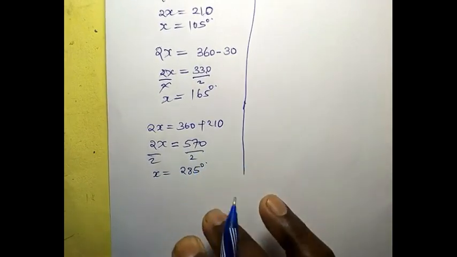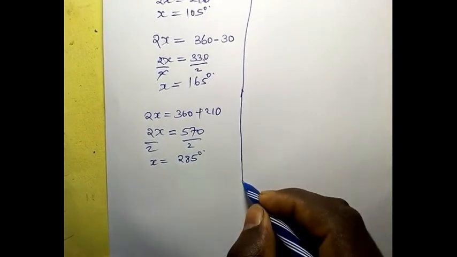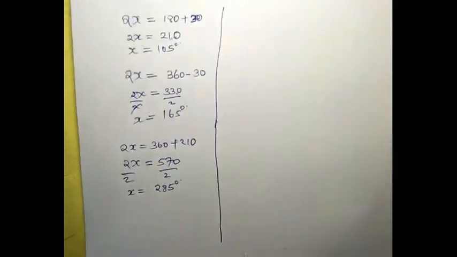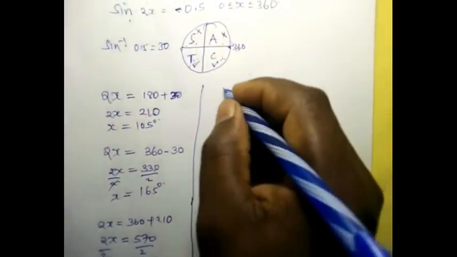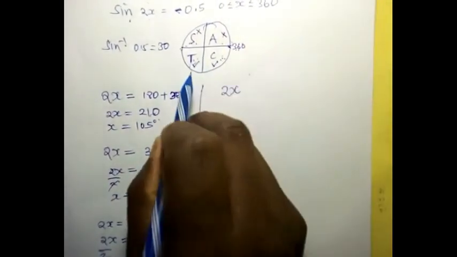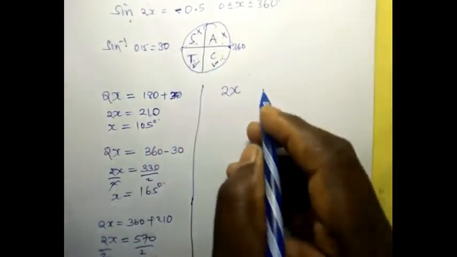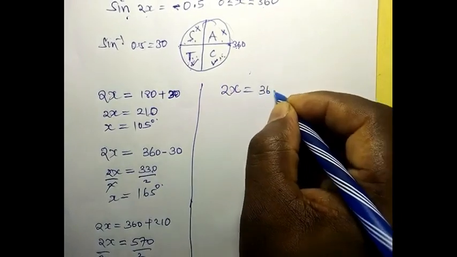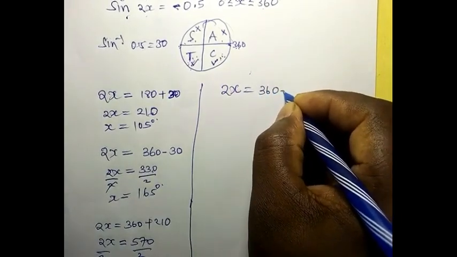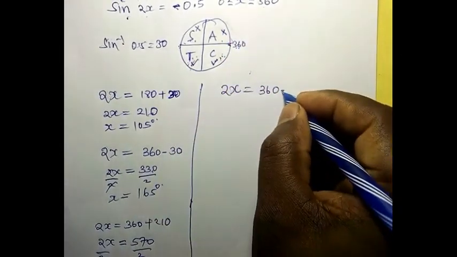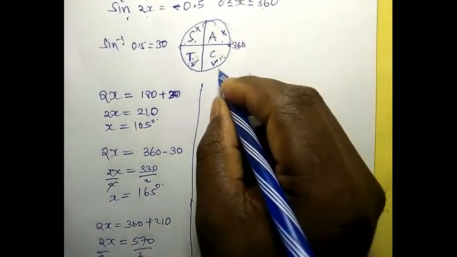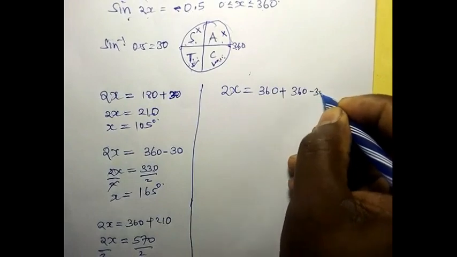We have not yet reached the maximum. So we continue. 2x, now we are at this point. How do we get an angle here? An angle at the fourth quadrant is obtained by 360 minus theta, but remember already we have finished 360, so 360 plus 360 minus theta, which is minus 30.